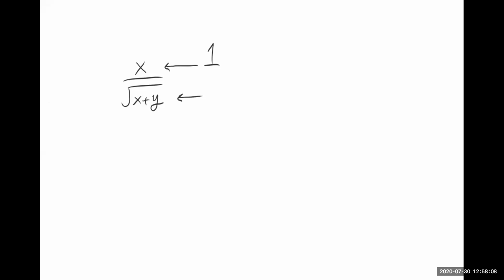Well, then it should be something like 1 over 2, the degree. So the degree of numerator is larger than the degree of denominator. So we might guess that this one has limits. Because 1 is greater than 1/2, my guess, it might not always be correct, but my first guess would be we have limits.